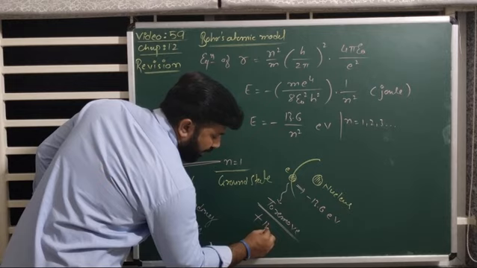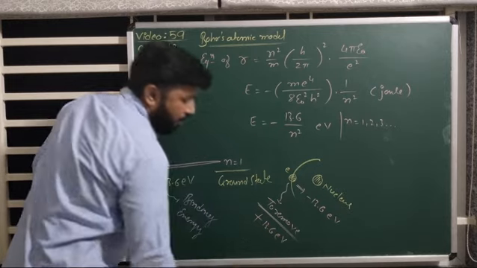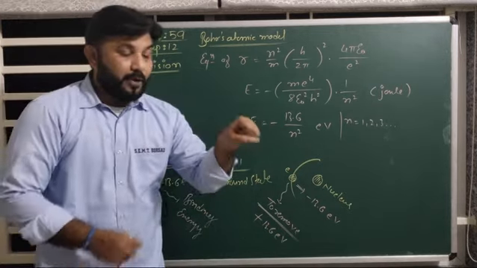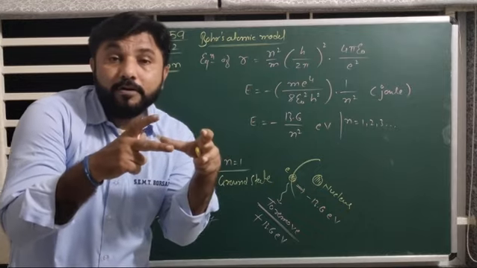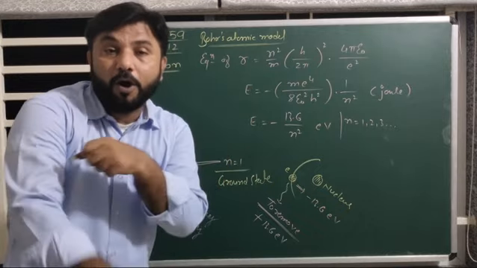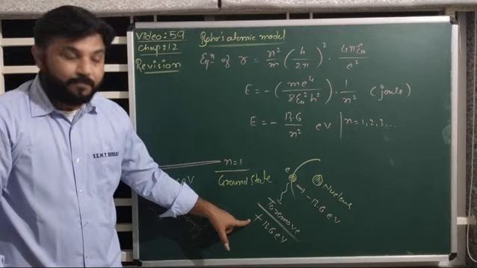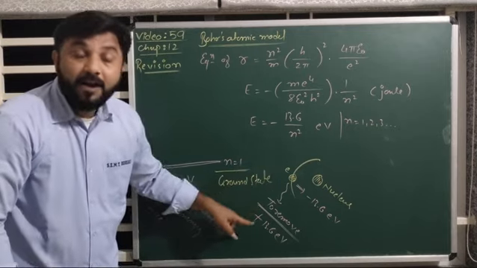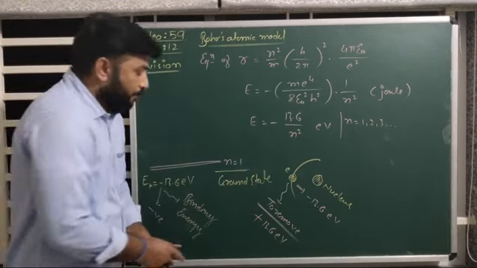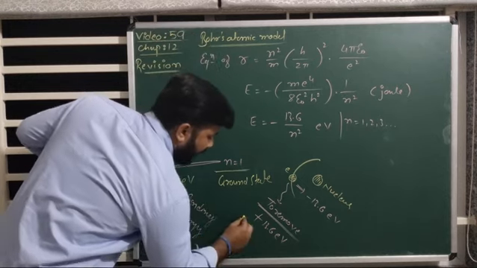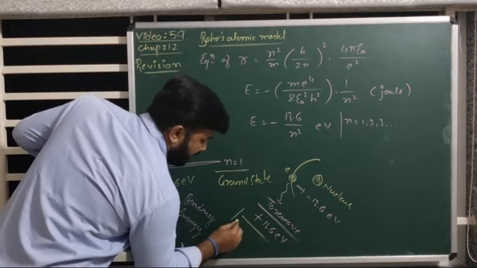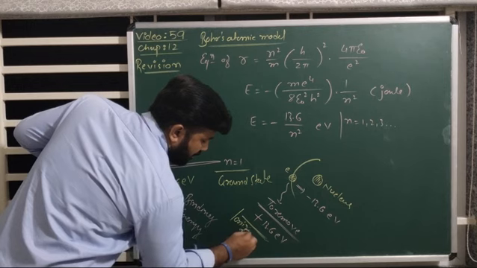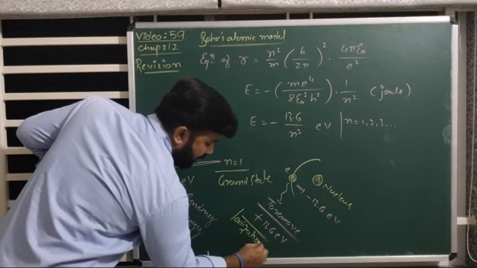Plus 13.6 electron volt energy. Because of that minus, it is bound in that stable orbit. But because of this plus, this electron will come out. So this energy is known as ionization energy.